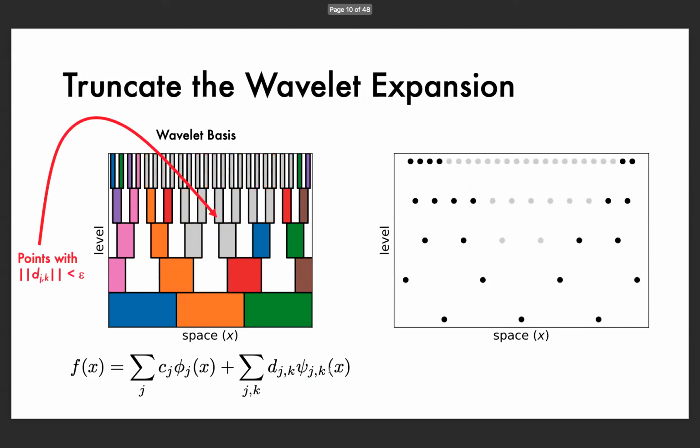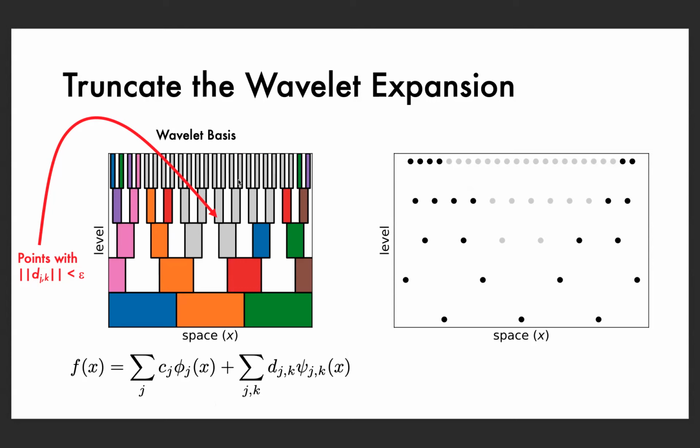Now, of course, not all of the points may be equally important. And you may have a function that is fairly smooth in a large portion of the grid. And maybe when I calculate the expansion coefficients, where I've grayed out the color, maybe those are points where those expansion coefficients are very small and almost negligible.